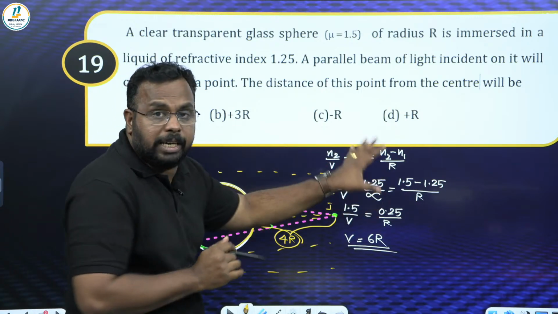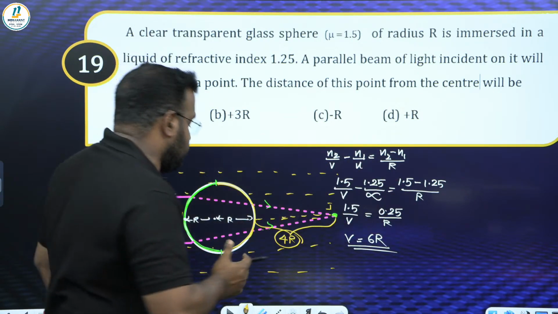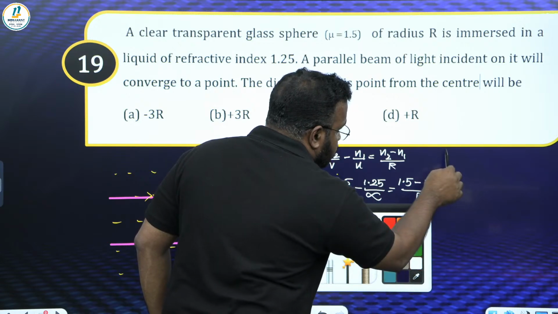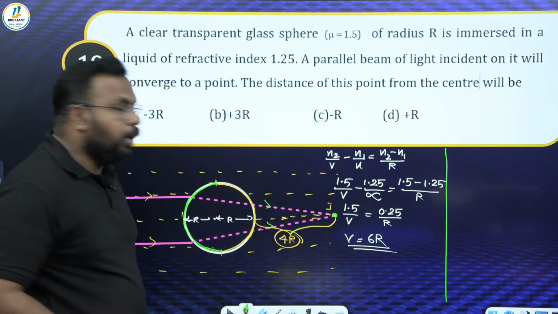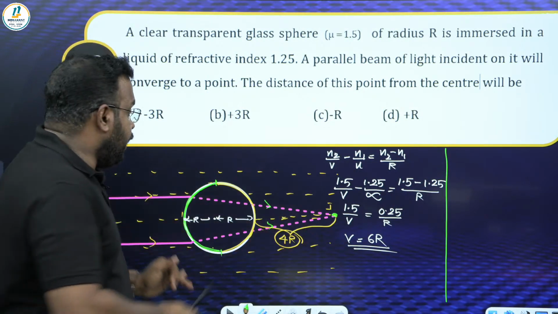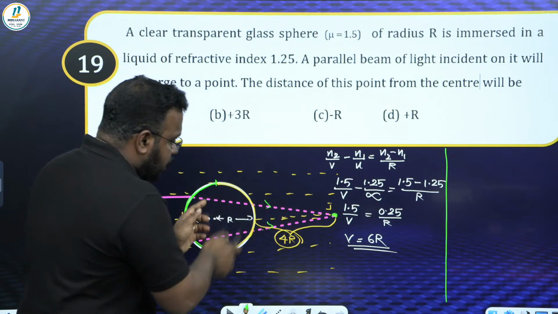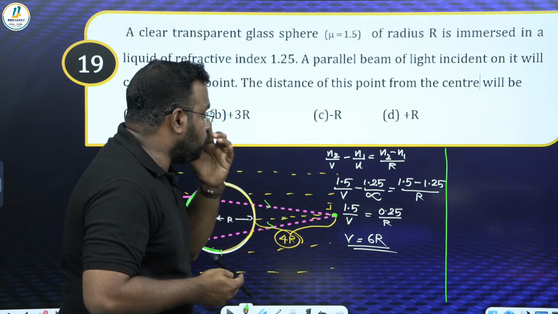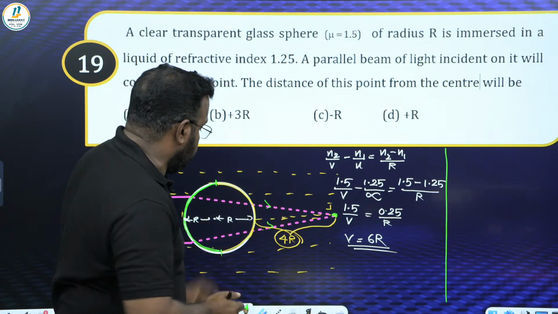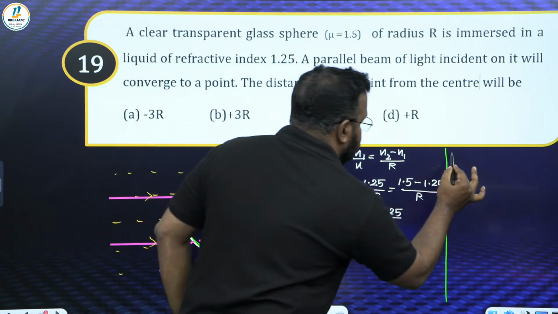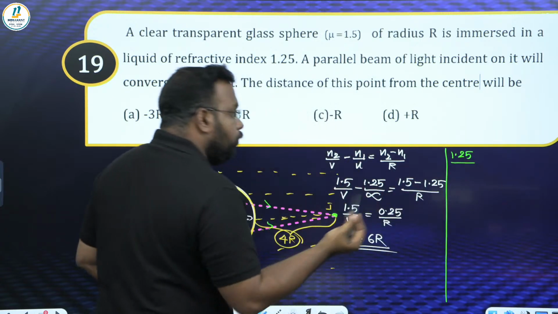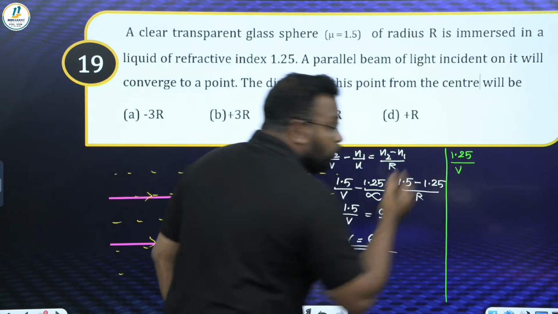We need to use the same formula for the second surface as well, but be careful. Now you can see that the ray is traveling from glass to water. So N2 is the refractive index of liquid, that is 1.25. I'm writing 1.25 by V, and V we don't know; we are going to find the final distance.